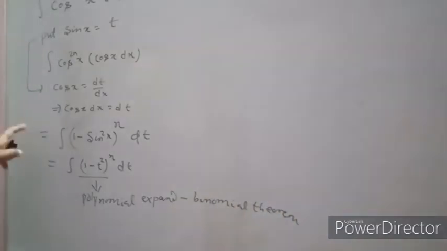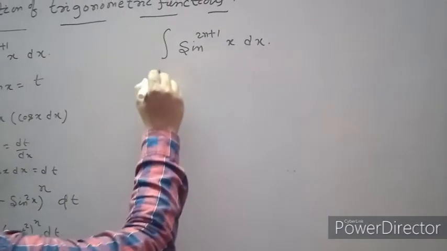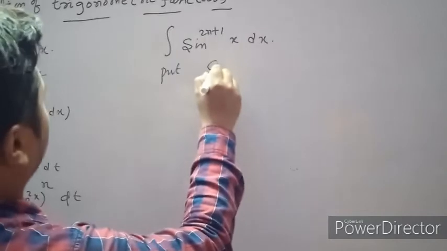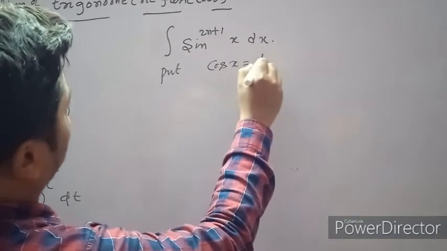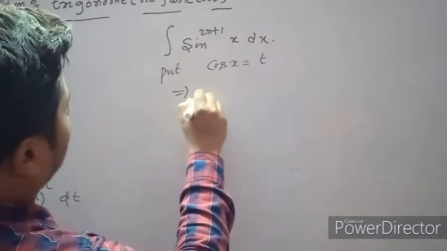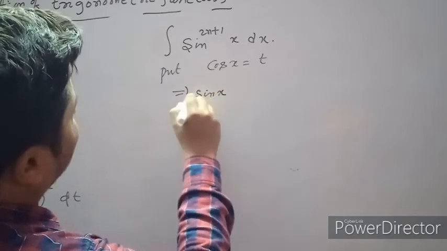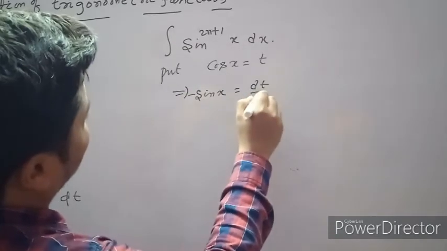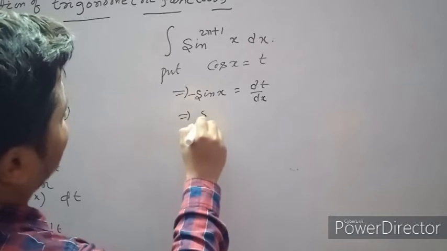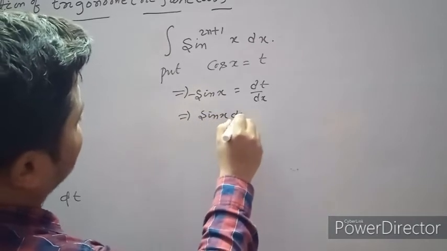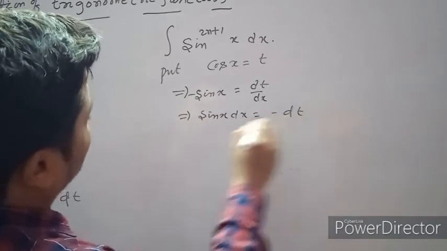Exactly the same way, if you start here, you have to put cos x equal to t. So when you put cos x equal to t, that would imply minus sin x is dt by dx, or sin x dx is minus dt. So what you get?